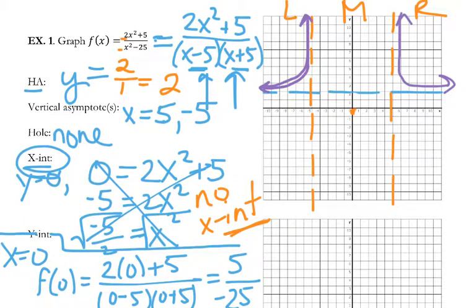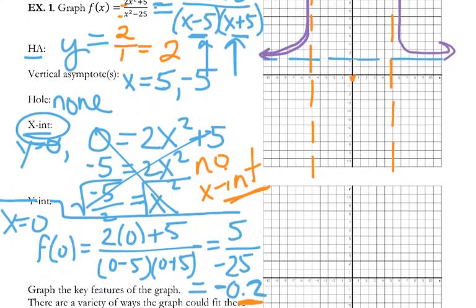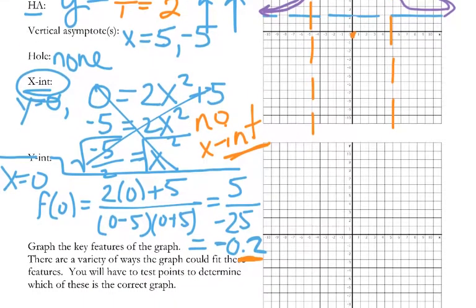Alright, so the question is, what happens here in the middle? That is the question. Okay. There are a few options. I'm actually going to scroll down to these other graphs so we can think about them. We had vertical asymptotes at -5 and +5, and a horizontal asymptote at 2.